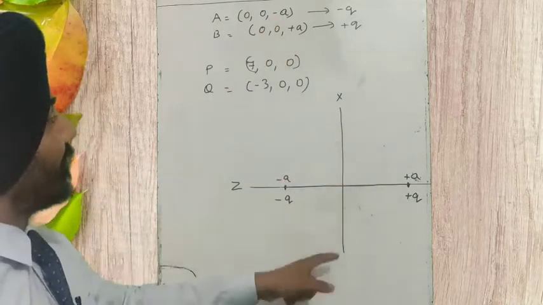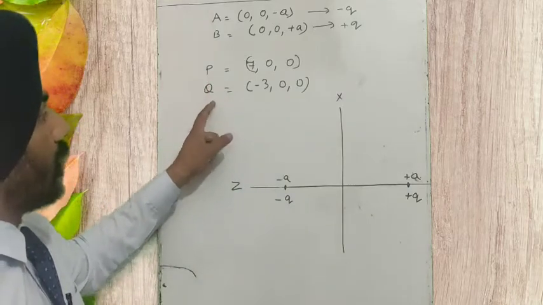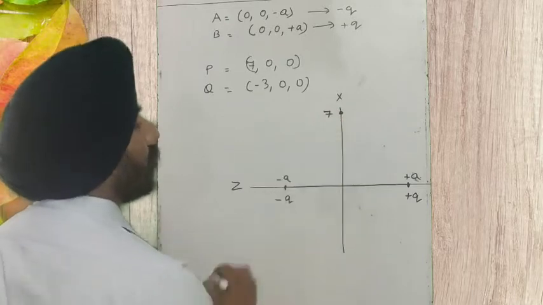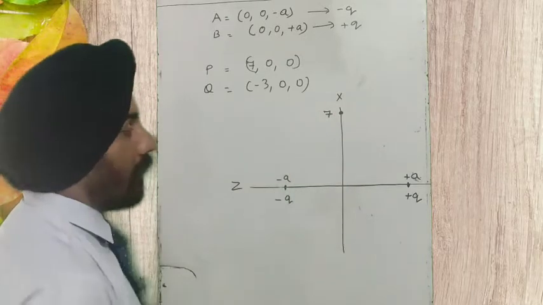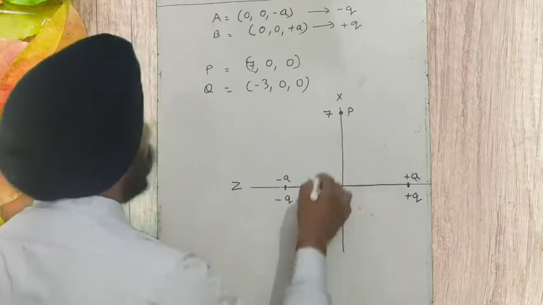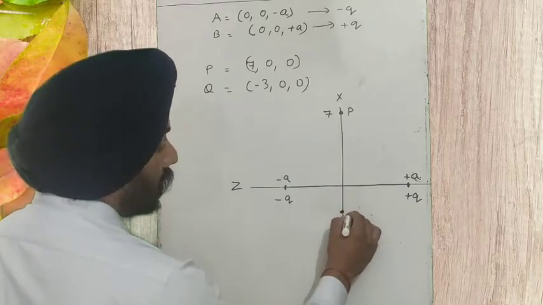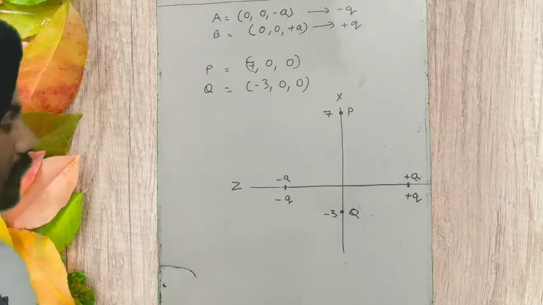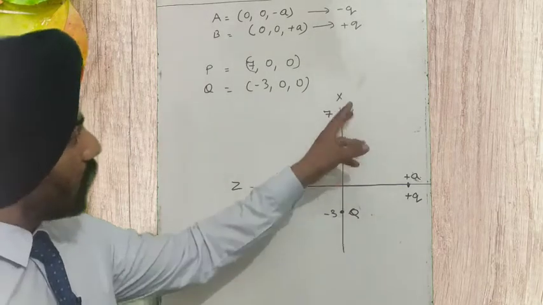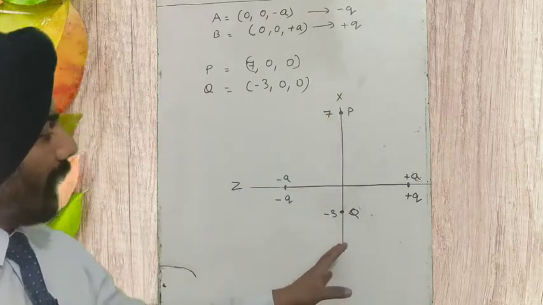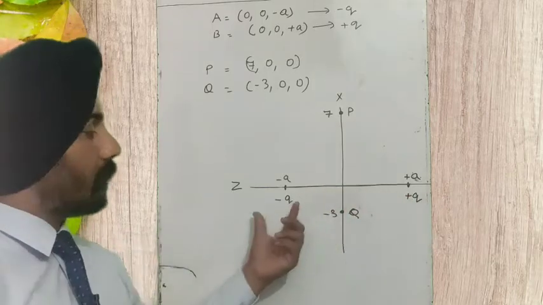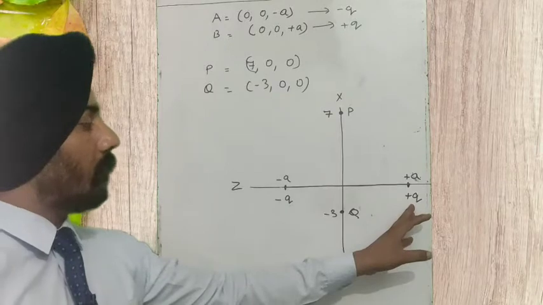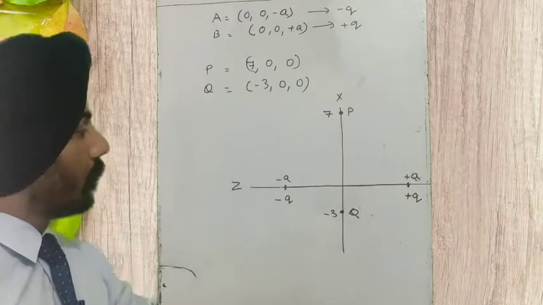On the x-axis there are 2 points, P and Q. P is lying here at a distance of 7, and at a distance of 3 on the other side is Q, minus 3. This axis passes through the center of this arrangement of minus q and plus q, which we can consider as a dipole.